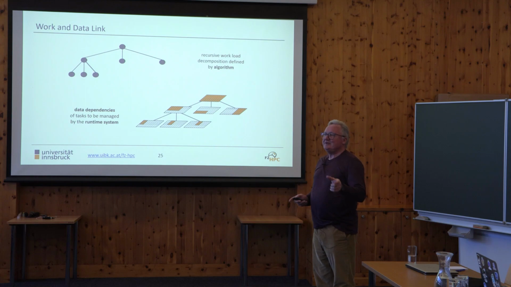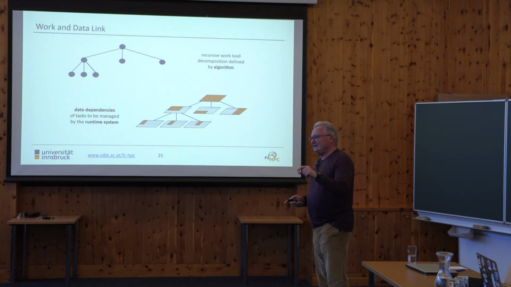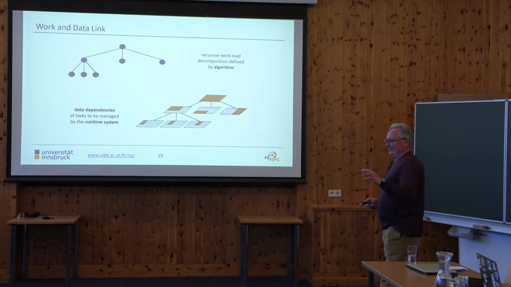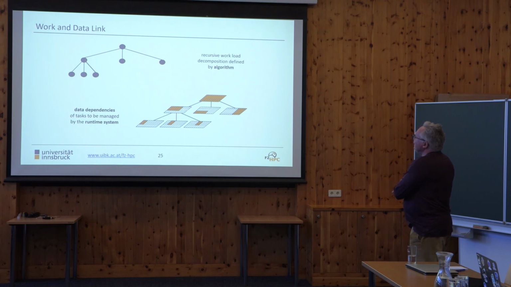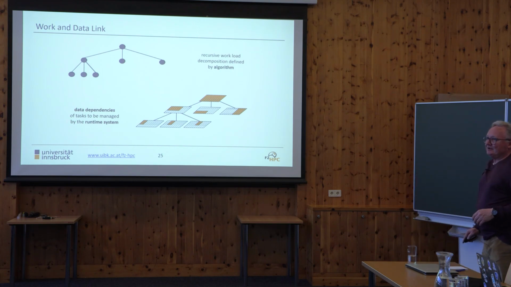The compiler generates symbolic functions or expressions with some parameters, and during runtime, these parameters got filled in, and then you had basically precise information which part of the global data are required by what task. That was some of the hardest theoretic work that we have done as part of this AllScale project.